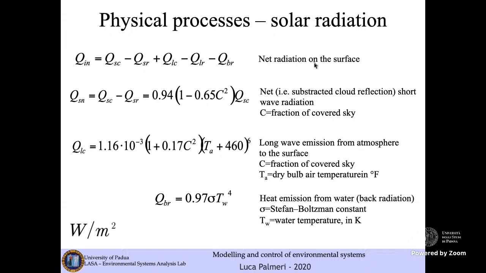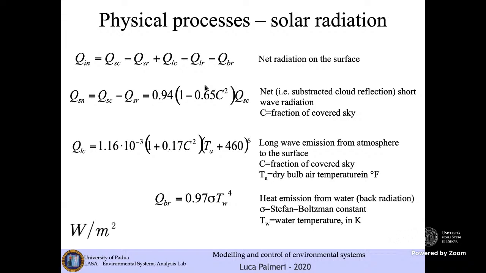Then you may write that the net short wave solar radiation, net of the cloud reflection, is QSC minus QSR, so this is the quantity of solar radiation absorbed by cloud in the short wavelength range minus the quantity of radiation reflected by clouds in the short wavelength range.